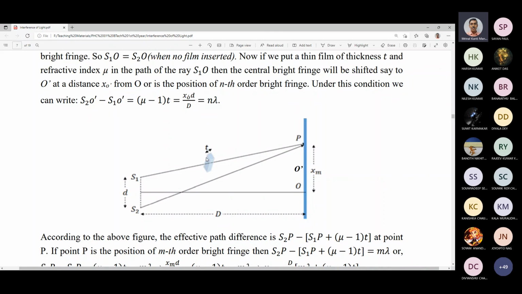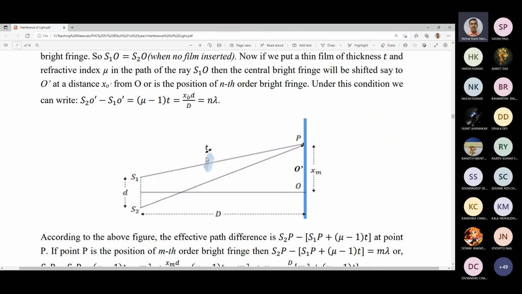So the optical path length inside this material is mu into t. Now, if this plate is absent, the light will traverse only the path t.